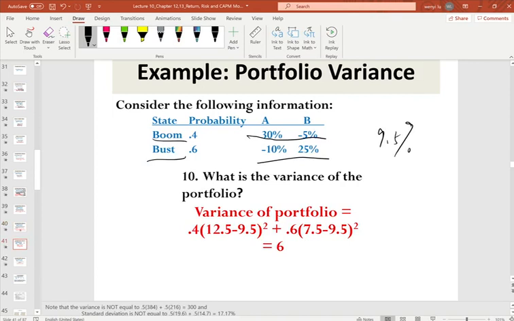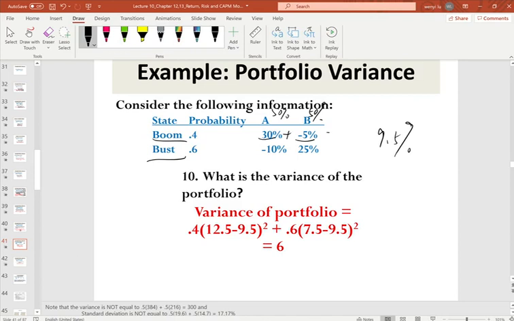Then what we will do is take the difference squared. The difference is for stocks A and B in each state. For example, what's the return when the economy is booming? A is 30%, B is minus 5%.